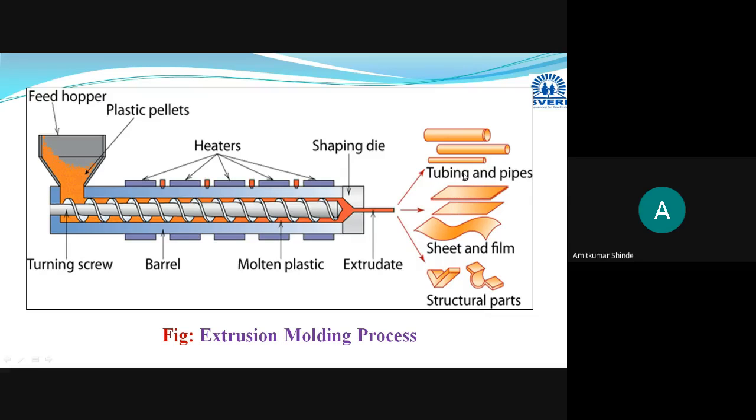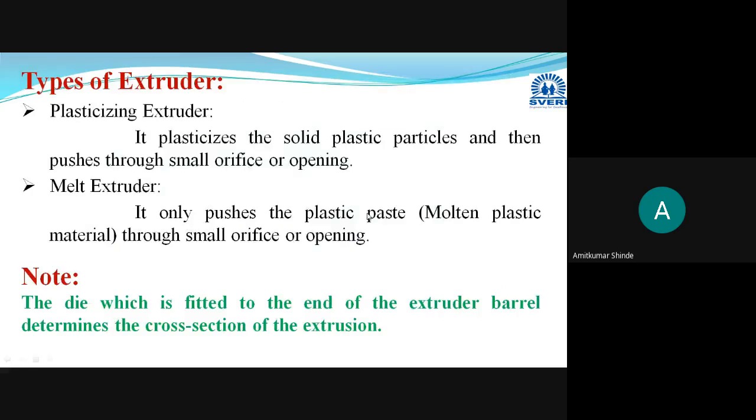Suppose you have provided one small opening having some smaller thickness or diameter, then you will get solid sheets having that particular diameter. That point I have added in the note: the die which is fitted to the end of the extruder barrel determines the cross section of the extrusion process.